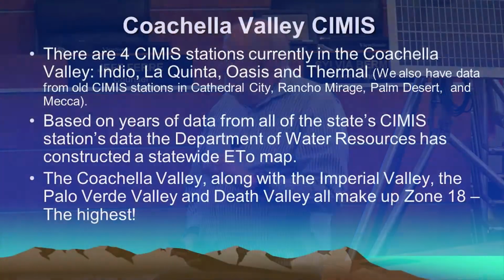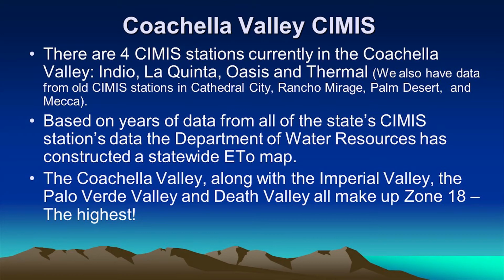So these weather stations are there, and they're all over the state. Based on years of data, because you can access this and go back to the very first day the station was operational, the Department of Water Resources constructed a statewide ETO map.